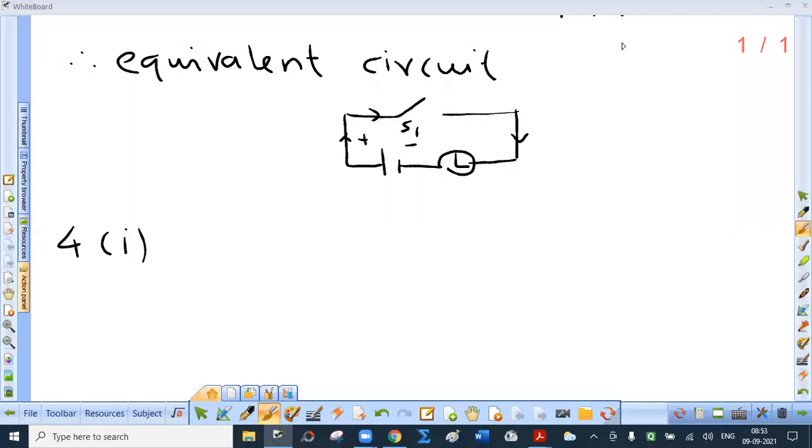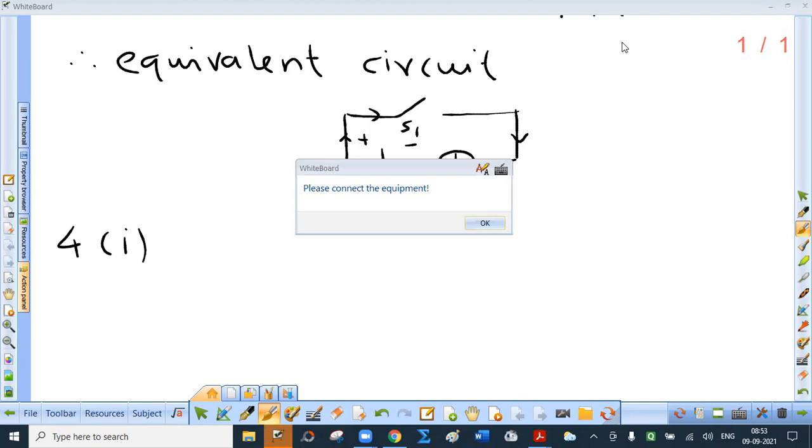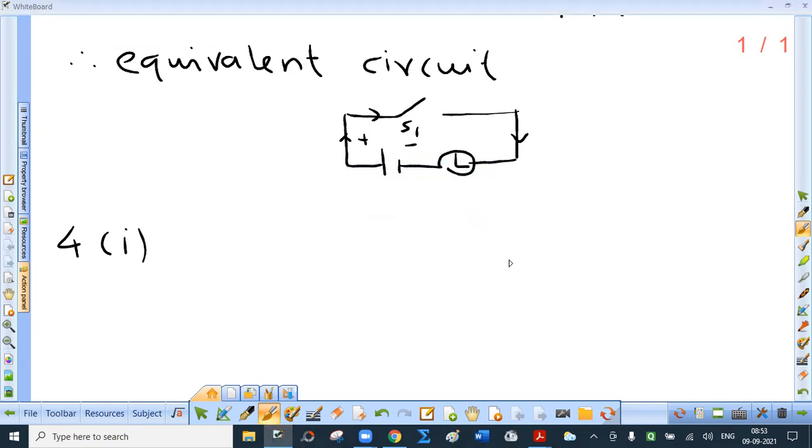Question number 4. Write the symbolic form of the following switching circuits. Construct its switching table, that is input output table, and interpret it. Okay. First one, can you tell me the symbolic form? Of course, if you do not write the initial part, you will not get full marks.